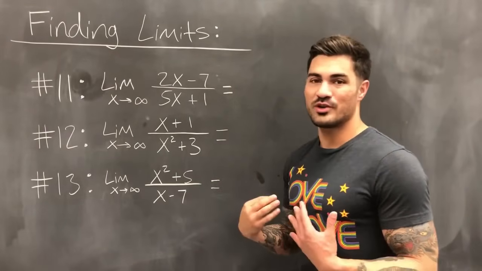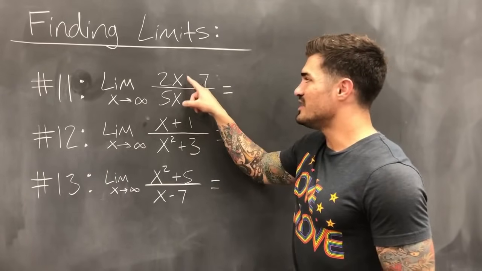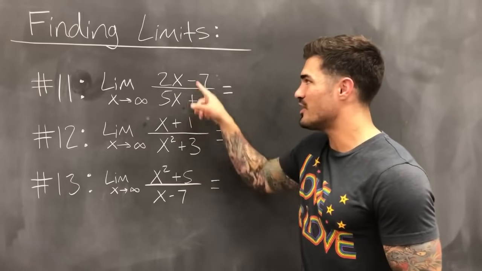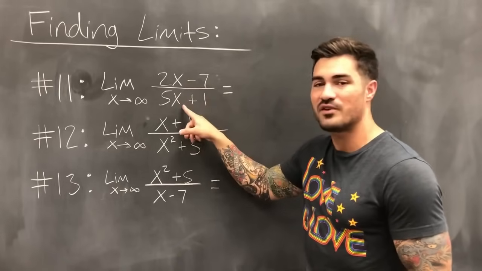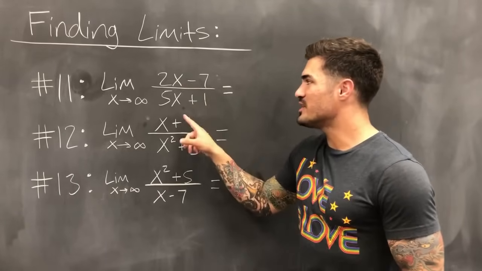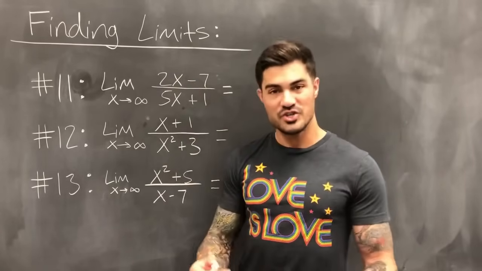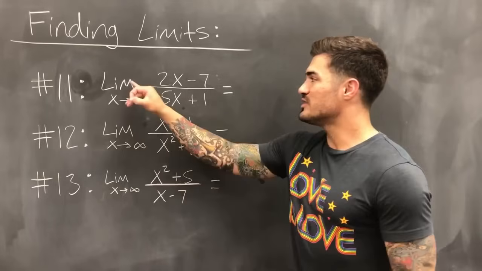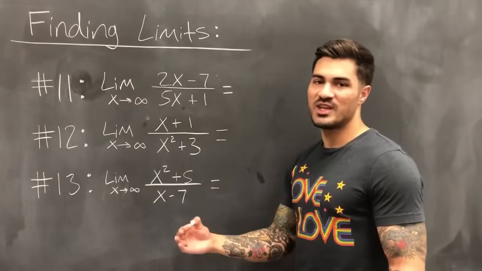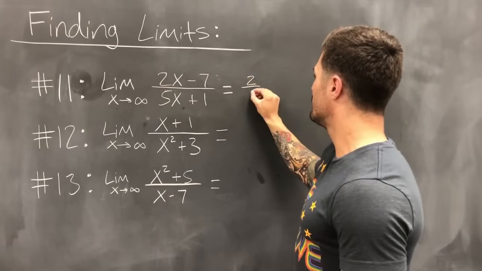I know a shortcut, and maybe you do, but if you don't: if the highest powers in the numerator and denominator are the same, which they are in this case, x to the first and x to the first, then the horizontal asymptote is just the ratio of my leading coefficients. So the limit of this rational function as x approaches infinity is the same as the horizontal asymptote, which is 2 over 5, all right?